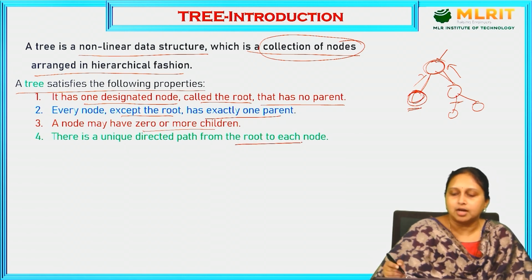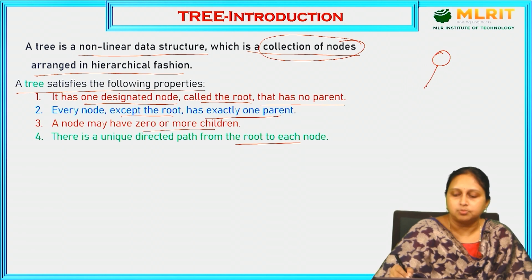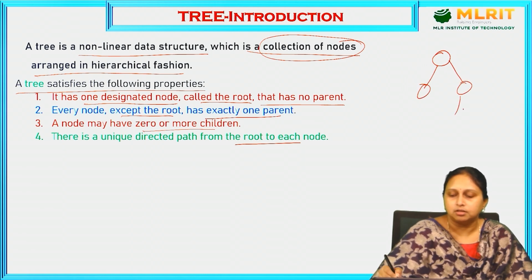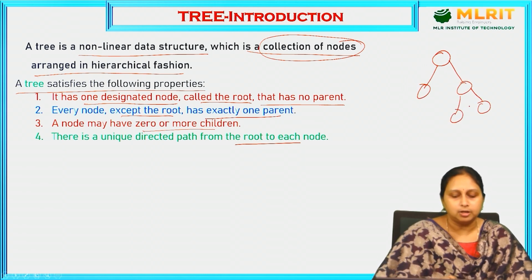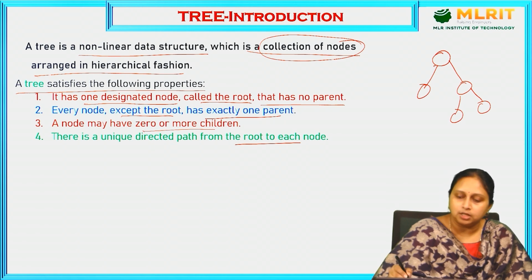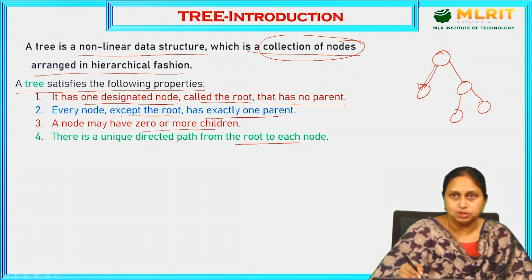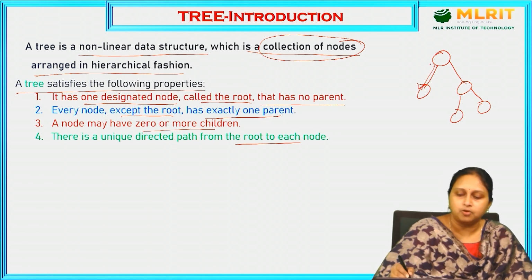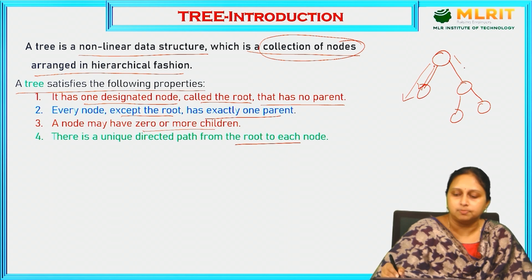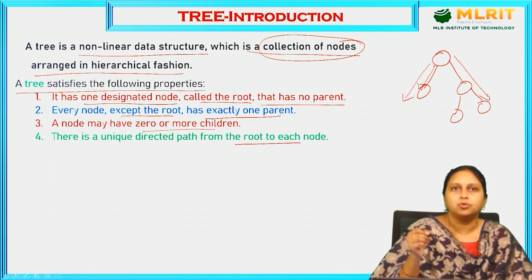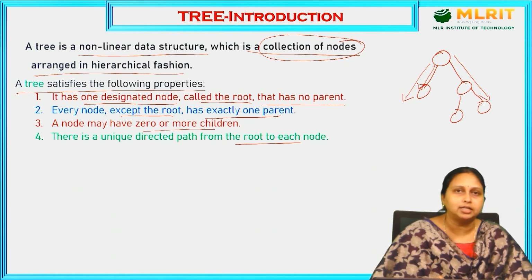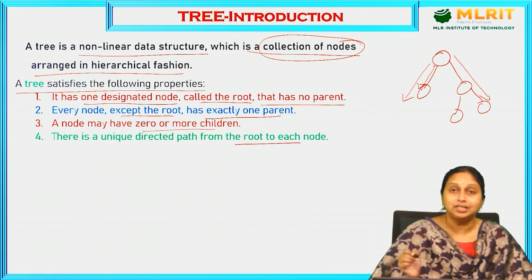If we consider the same example which I have represented here, suppose this is a tree. In this, there is a unique path from the root to the children. You follow from the root to the children like this way, but we are not going back; only one direction it will have, from the root to each node.